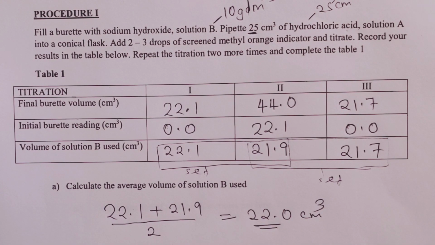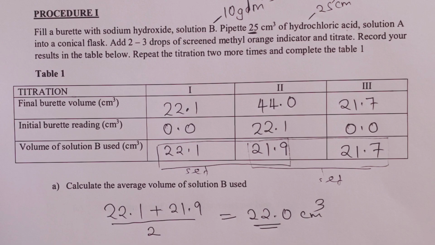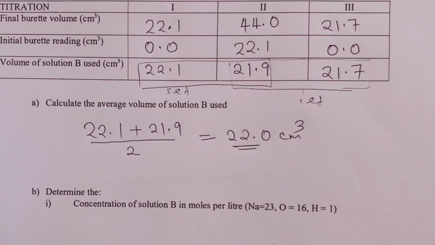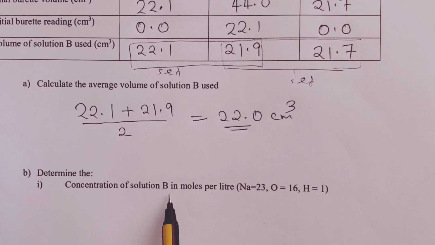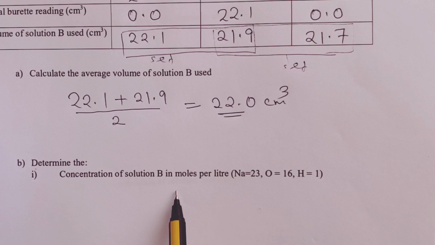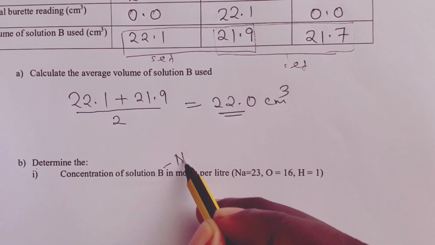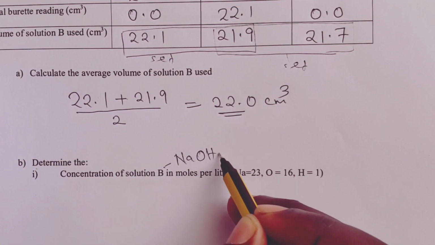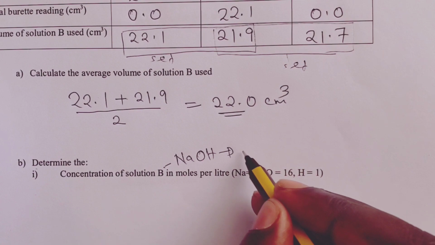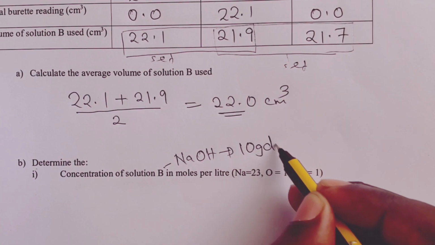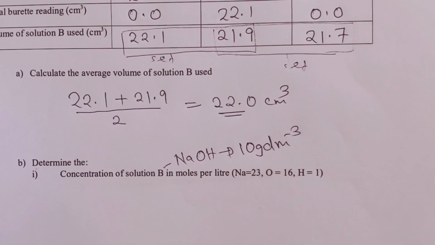We proceed to question B, where we are asked to determine the concentration of solution B in moles per liter. Going back to our information, solution B was simply sodium hydroxide, and the information we had was that it was made by dissolving 10 grams per liter of the same.